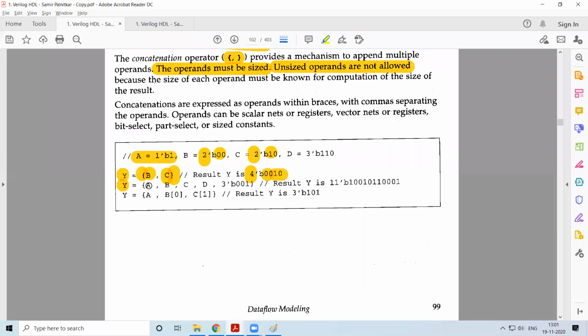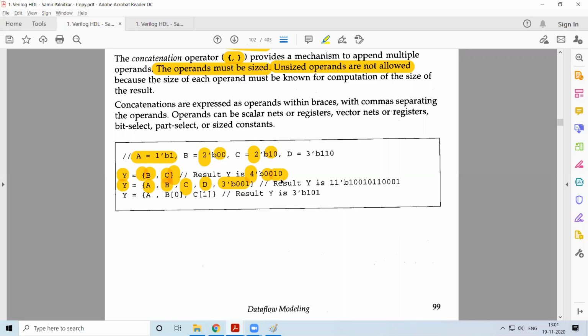Similarly, you can see that in this case A, B, C, D, and you have taken one additional value. You can perform it in this form also. It is not specified anywhere over here, so directly you can specify the bits over here. You can see that A is 1 bit, B is 2 bits, C is 2 bits, D is 3 bits. So you can concatenate different sized numbers also.